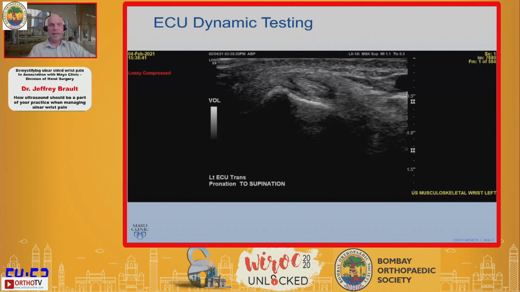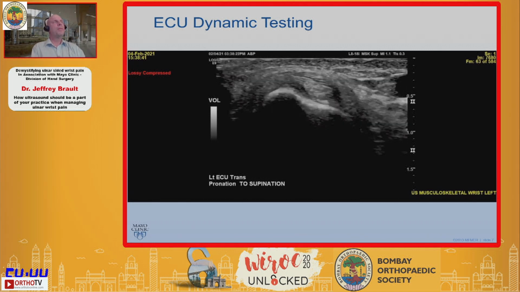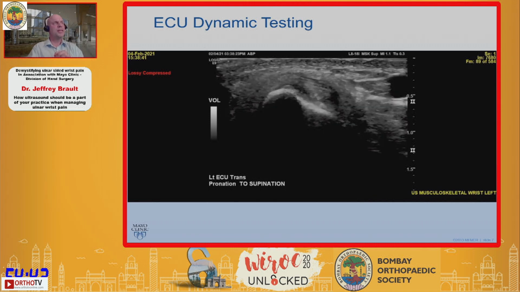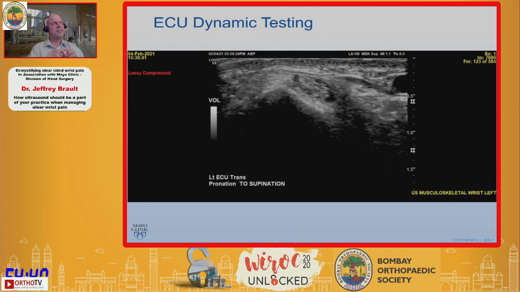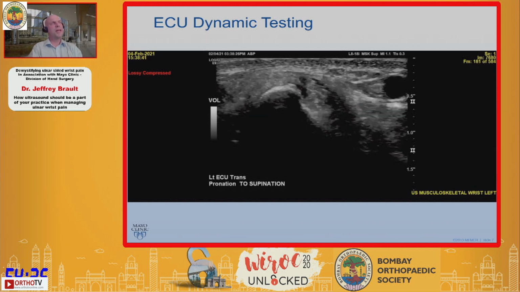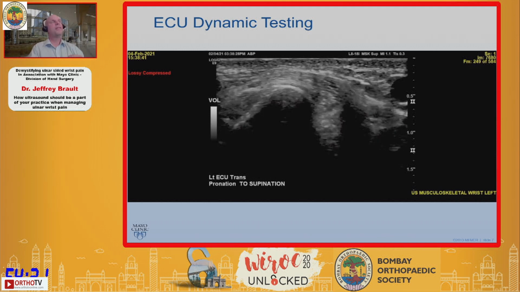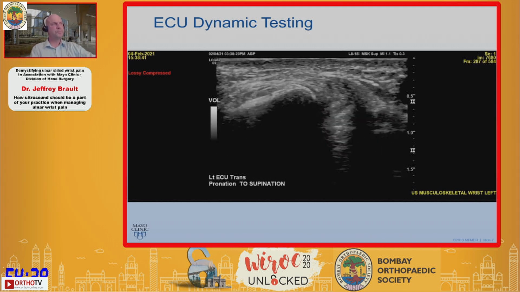Now, as I said, ultrasound can also be a dynamic test. And as we discussed, between pronation and supination, the ECU tendon can actually sublux. This is a patient going from pronation, where the ECU is inside the valley, and then popping over the ridge.